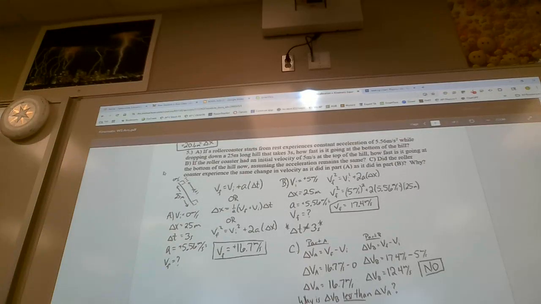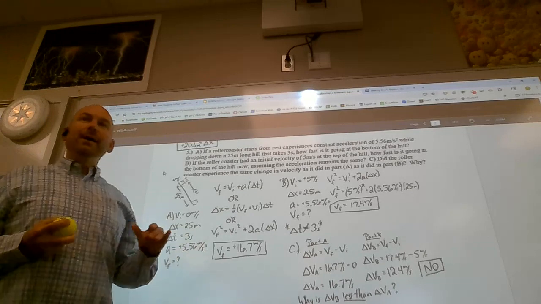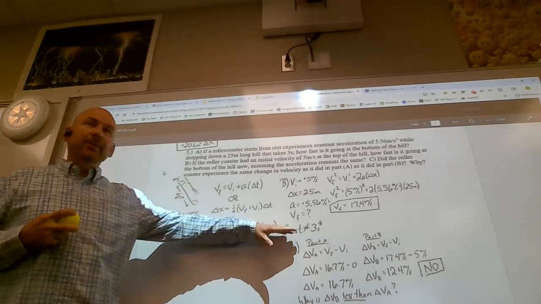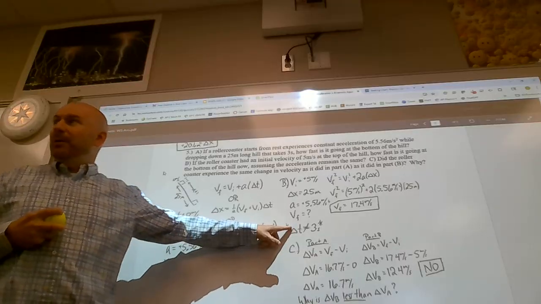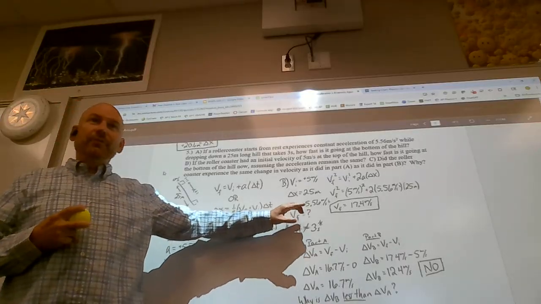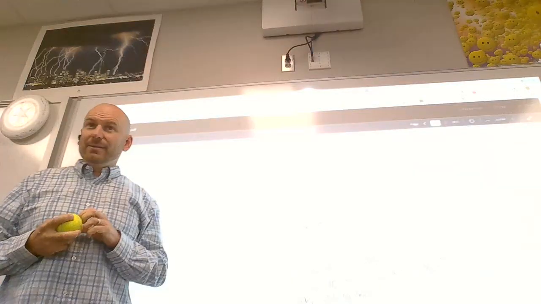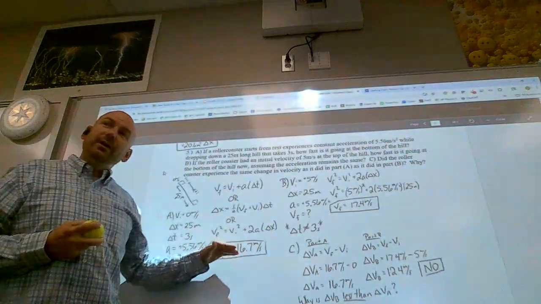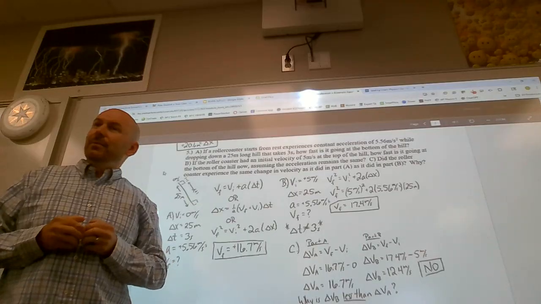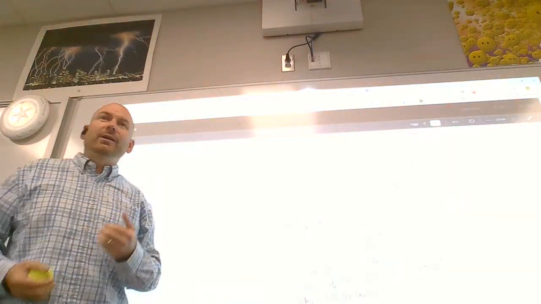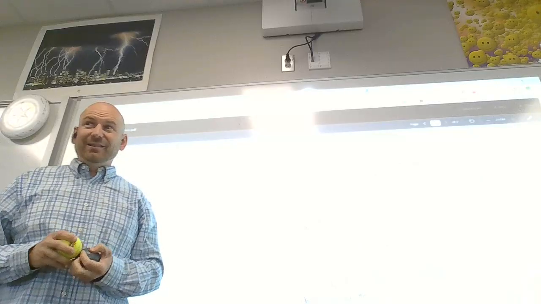A experienced a greater change. Why? Because it experienced that acceleration for 3 seconds, where B experienced that same acceleration for less than 3 seconds. So A experienced a greater change in velocity because it had more opportunity to change its velocity. All right, with that.